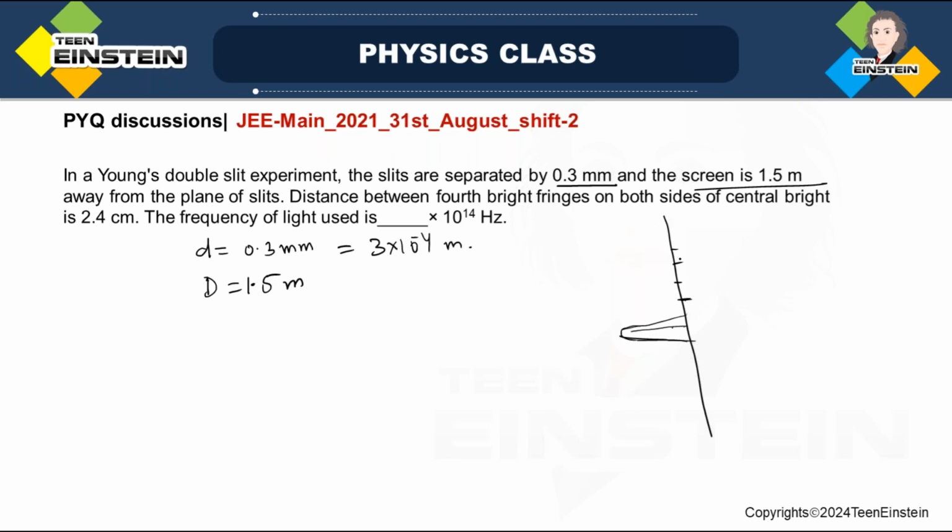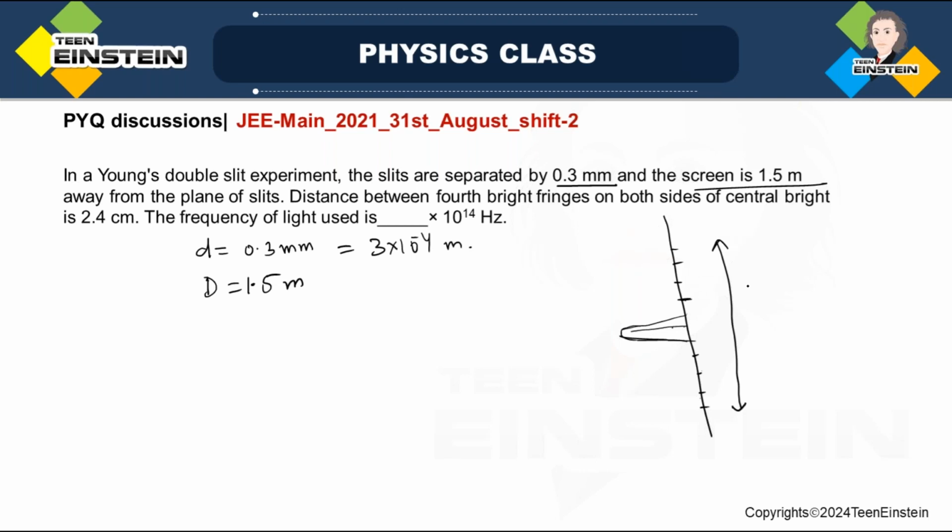You are asked the distance between fourth bright fringes on both sides. I'm just taking the bright ones. So 1, 2, 3, 4. So here also 4.